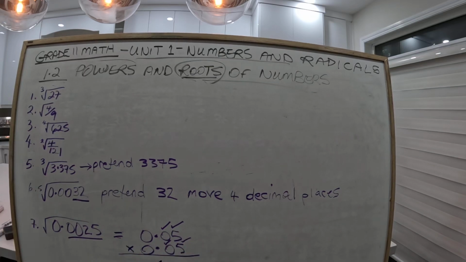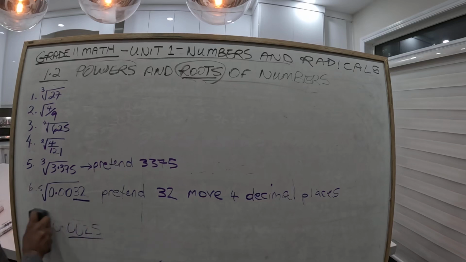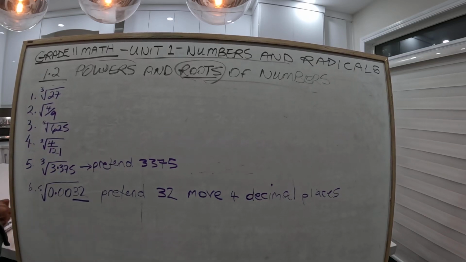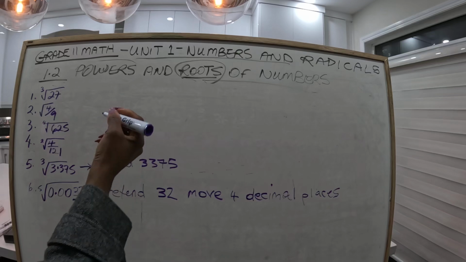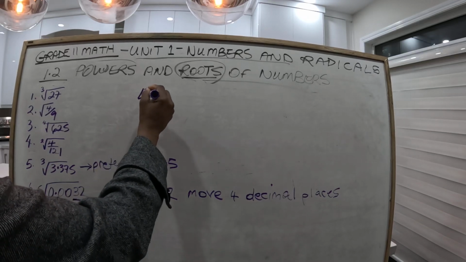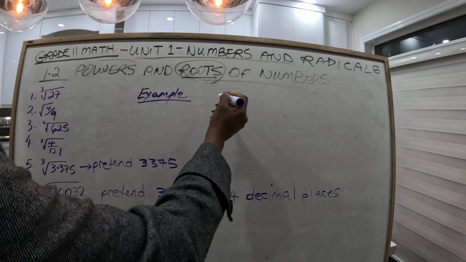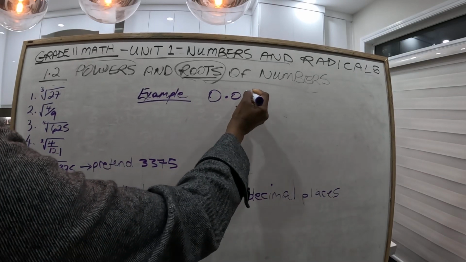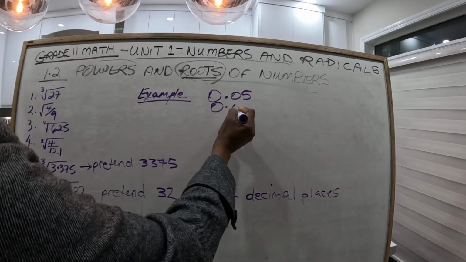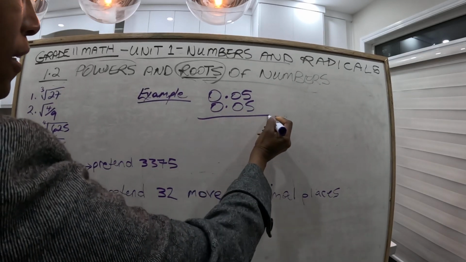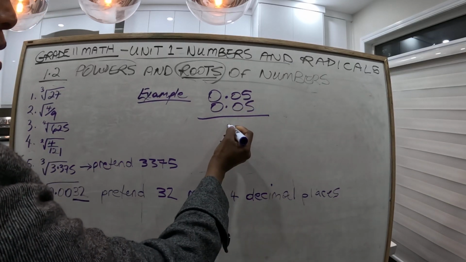So let me bring it up so you can see what I'm talking about. So example, and this is a review. When we're multiplying decimals, we always need 4 decimal places in the first stage.